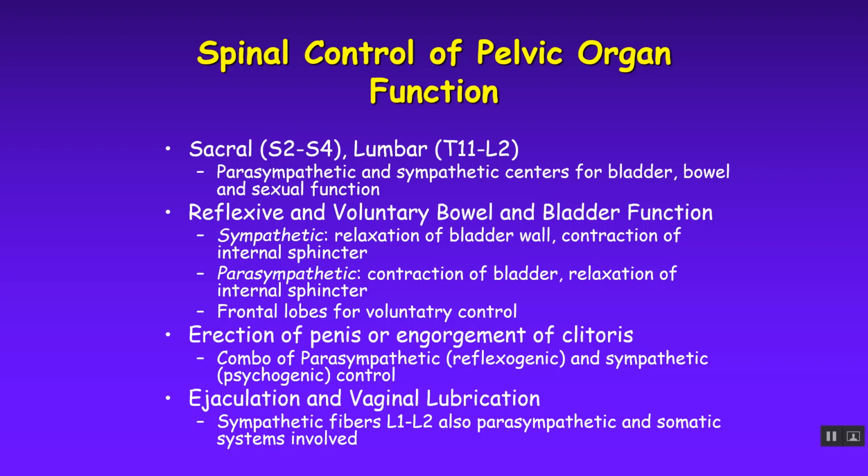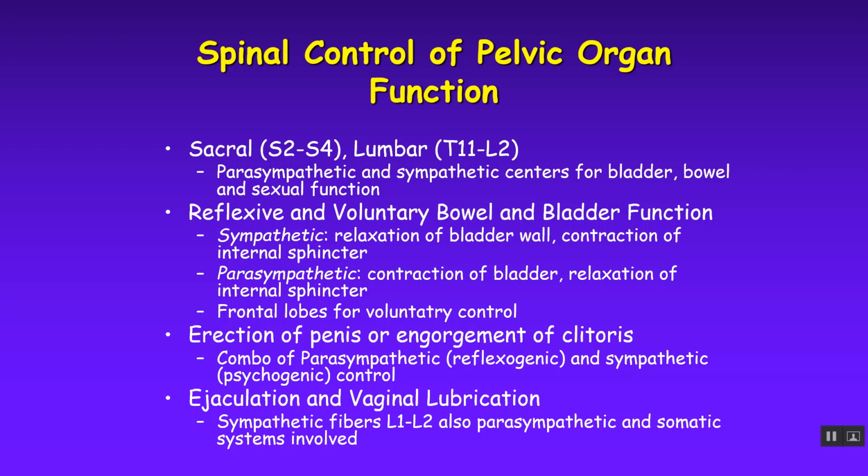Then there's the sympathetic system, which also contributes to maximize the effects, to enhance the effects. And that's actually driven by some psychogenic input. You have psychogenic cerebral limbic control that goes down to the sympathetic fibers in that T11 to L2 region, which then send a signal down to enhance or maximize that effect.